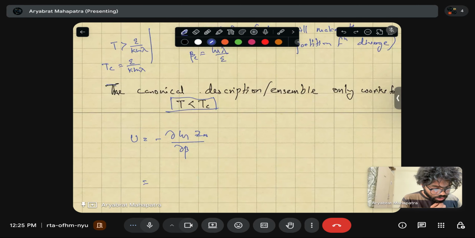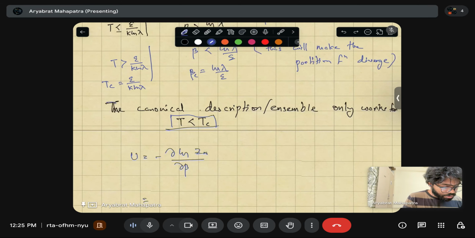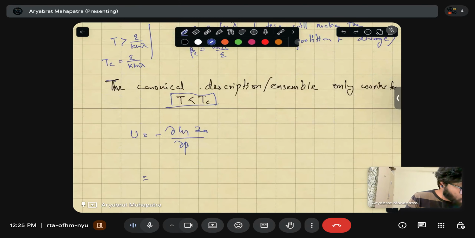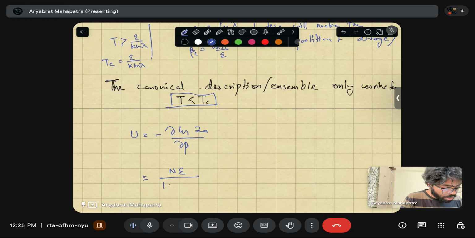If you take the derivative with respect to beta, this turns out to be n epsilon over 1 minus lambda exponential minus beta epsilon.